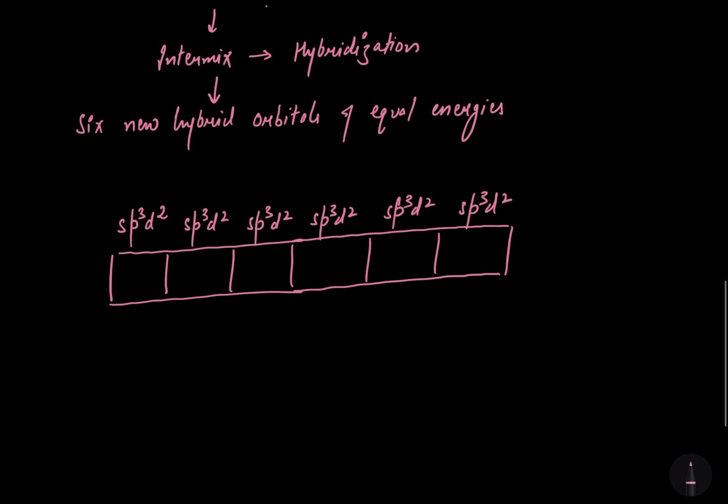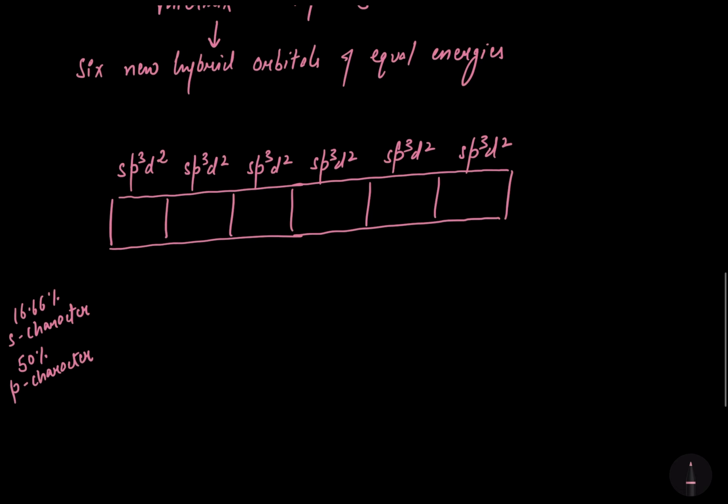Now we are going to have 16.66% s character, 50% p character, and 33.32% d character per hybrid orbital.